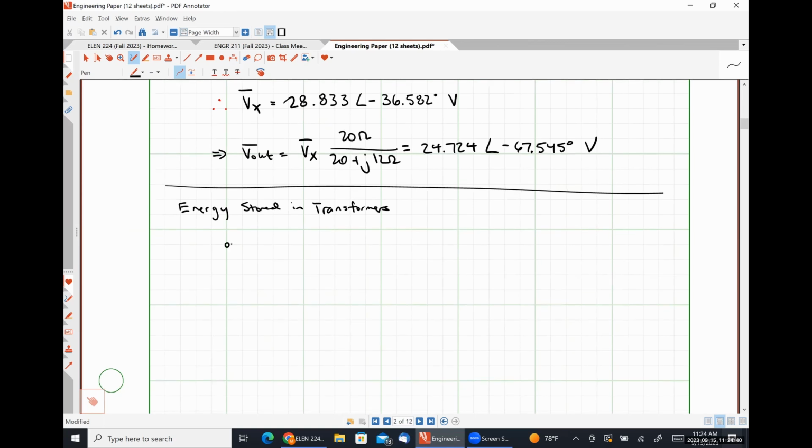Starting again with our simple transformer model. Here's L1, here's L2. Realizing that this is equivalent to the following network.